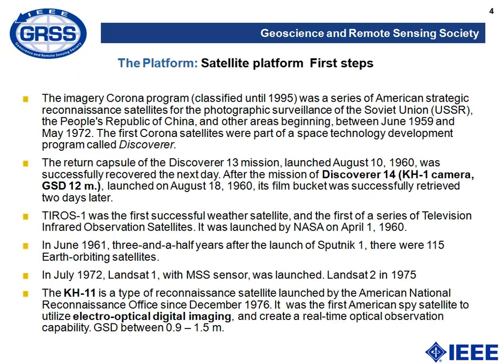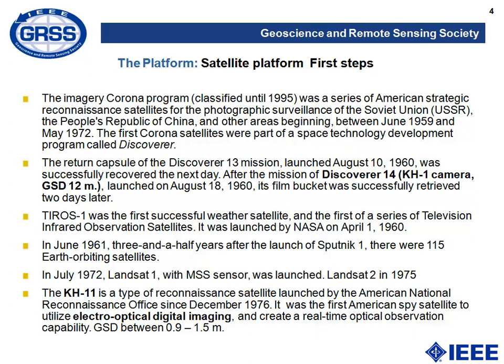Just a few words about the history of satellites as Earth observation tools. This history starts with the Corona program, an American strategic reconnaissance satellite program to surveil the Soviet Union and the Republic of China.